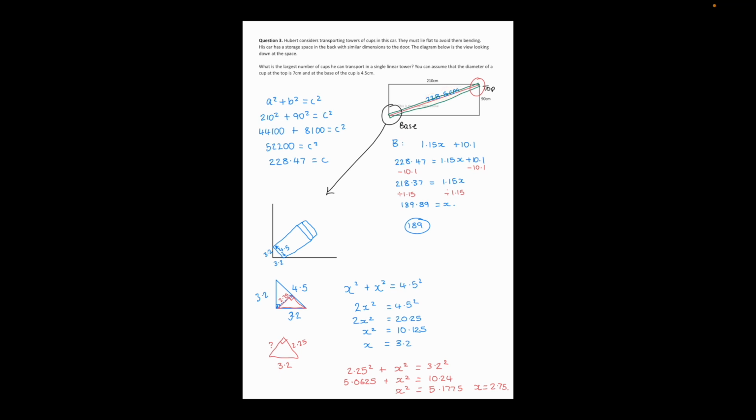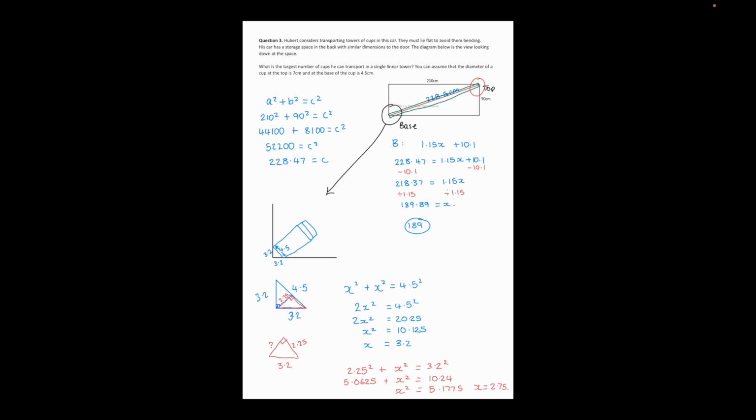And I can again repeat this same step and work out roughly how many cups I might be able to fit in. There are lots of different answers here, depending how approximate you want to be, how you've placed them, and so on. All of this is an estimation, because this is not going to be exactly the same 3.2, 3.2, because it's not a square, it's a rectangle.